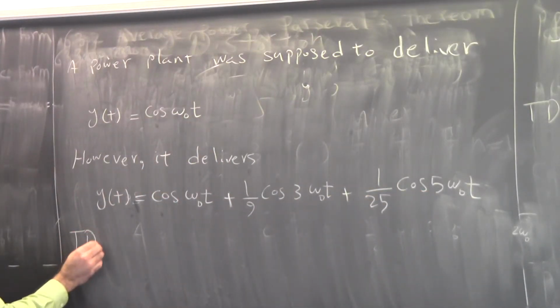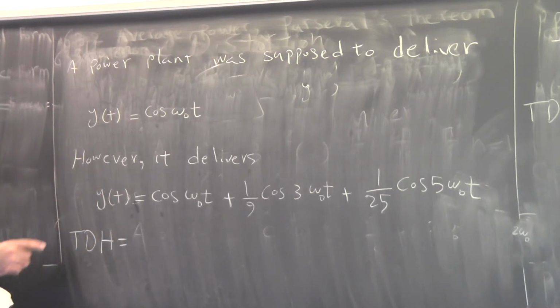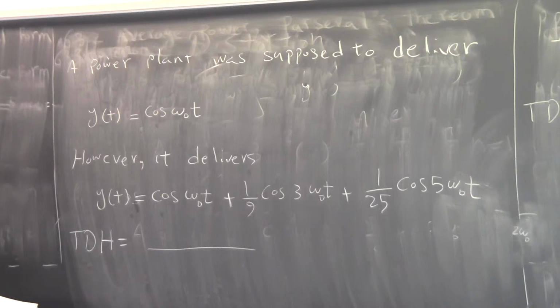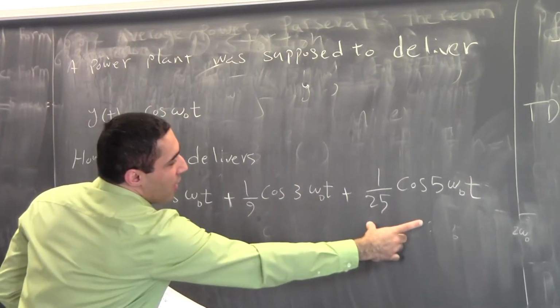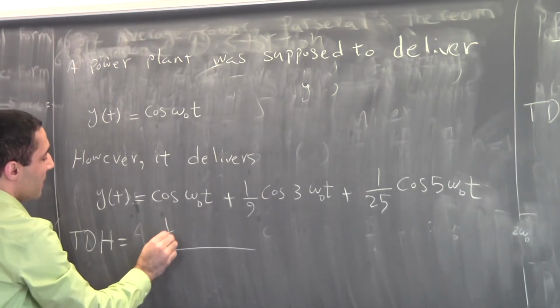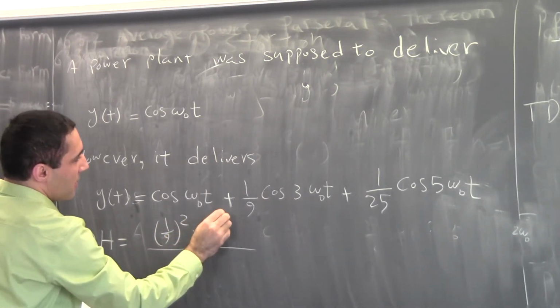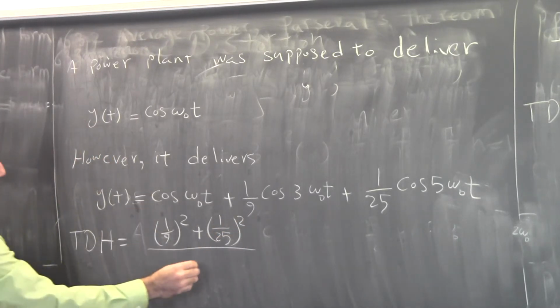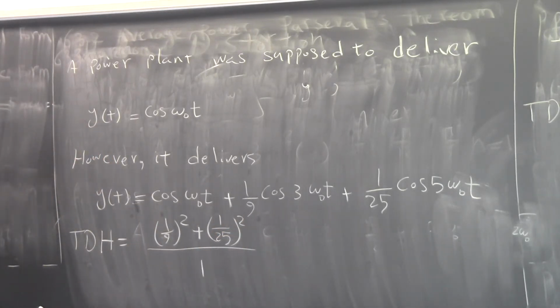So what is THD? Well, for this power plant, we calculate it. We just use that equation. Very simple. Harmonics 3 and 5 are unwanted signals, so the power in them is unwanted. We don't like them. And this is the wanted signal, the fundamental, right?